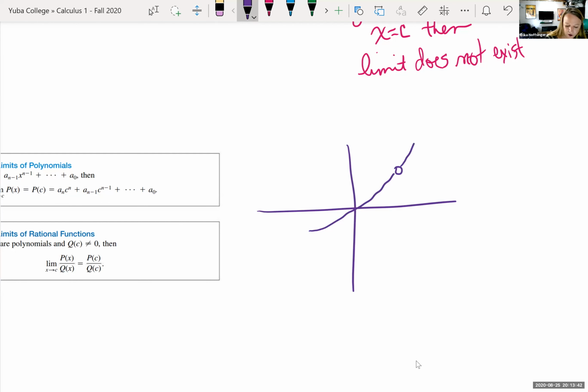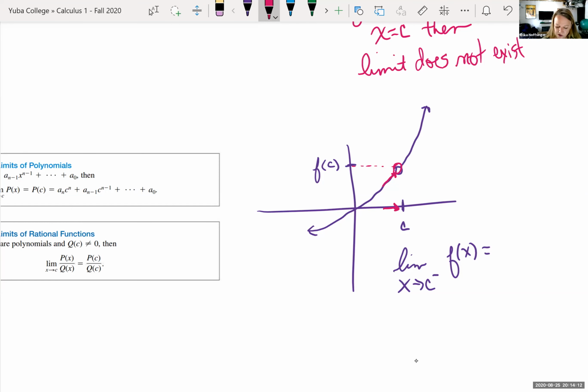You might have a graph, it's defined everywhere, maybe, that let's say at this value x equals c, f of c is undefined. And so as we look at the limit as x approaches c on the left of f of x, notice that y value we're getting closer and closer to is f of c.